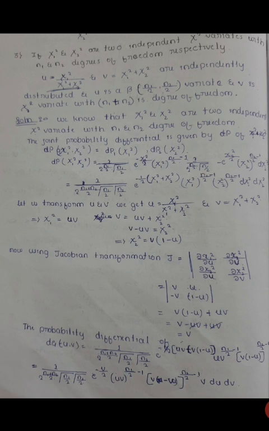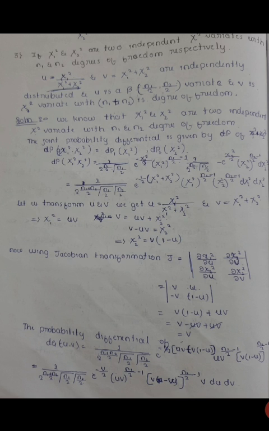This implies χ1² = uφ. Then φ = uφ + χ2², or φ - uφ = χ2². Therefore χ2² = φ(1 - u). Here, consider u = χ1²/(χ1² + χ2²), that is uφ = χ1², since χ1² + χ2² is nothing but φ. That is why χ2² = φ(1 - u).